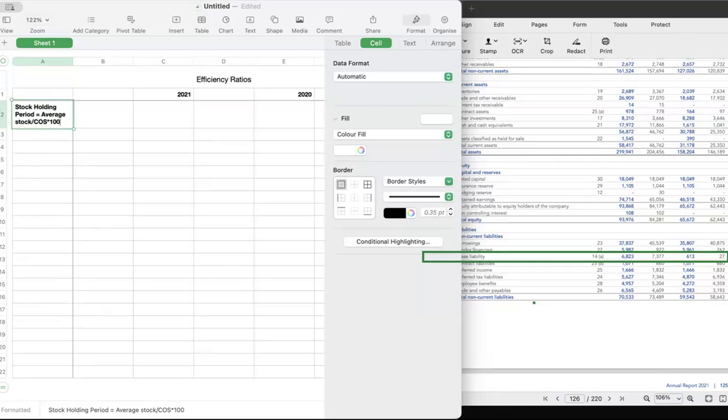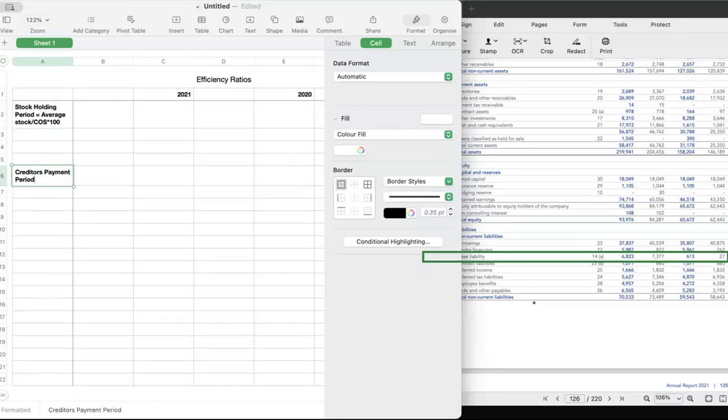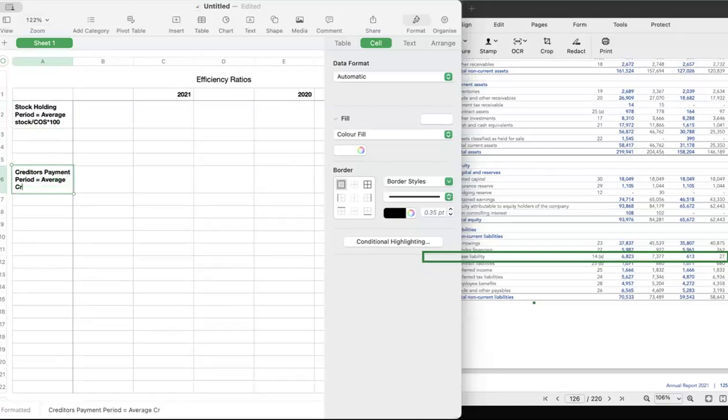Now, moving on to efficiency ratios, stock holding period is average stock divided by cost of sales into 100. Yes, that's the formula. And then we have the other formula, for creditors payment period, which is equal to average creditors divided by credit purchases.